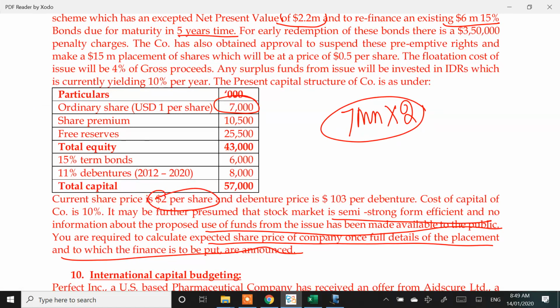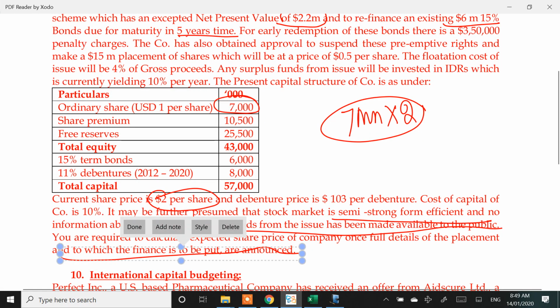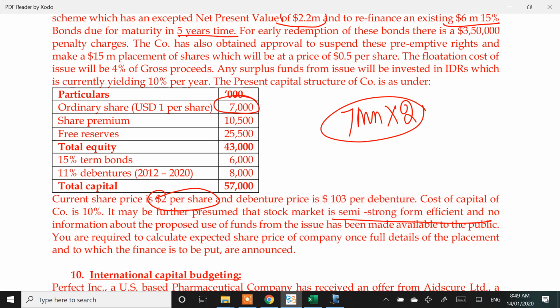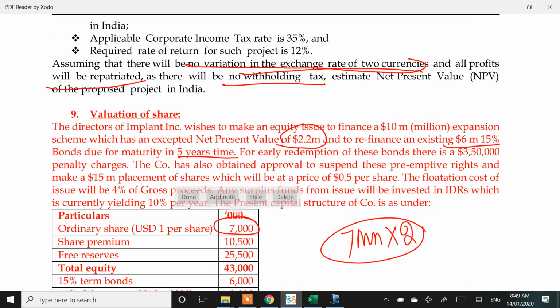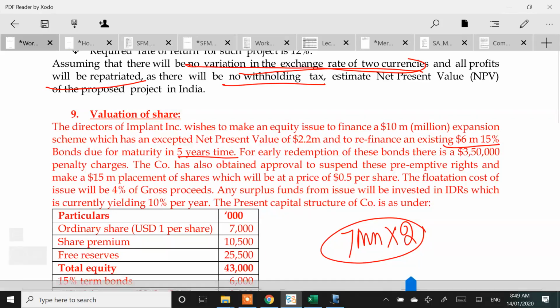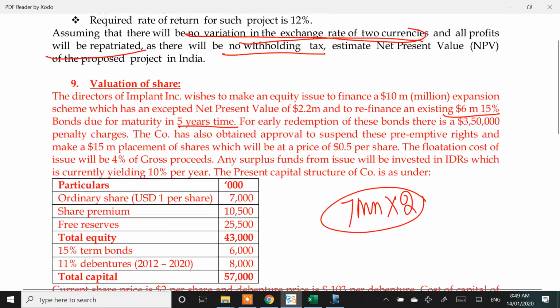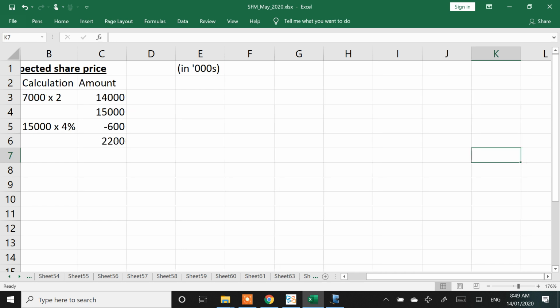Now listen, is there any call premium or anything mentioned in the question? Okay, there's a penalty charge. Apart from that, anything else mentioned? Okay, it is going to be to refinance an existing 6 million bonds. So now listen.